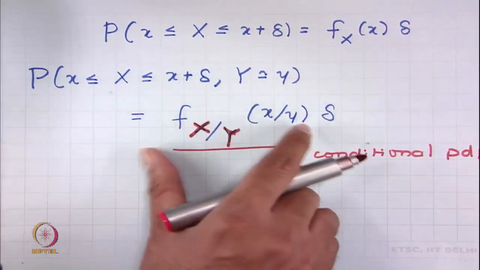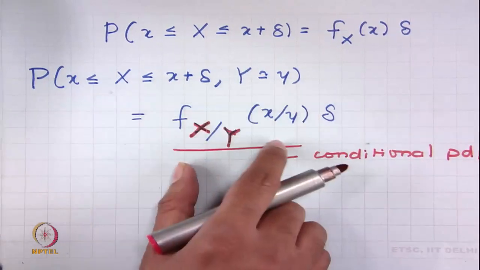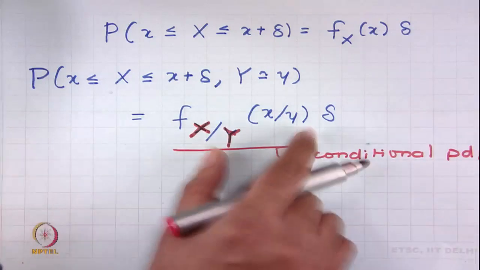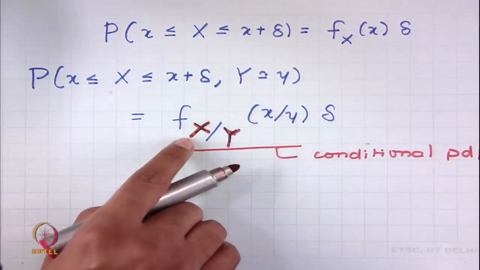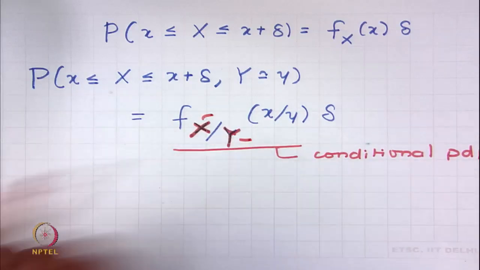This is just notational, you could have used any other notation. This is the notation that we would use for the conditional PDF. So, I am interested in this random variable given the information about y.